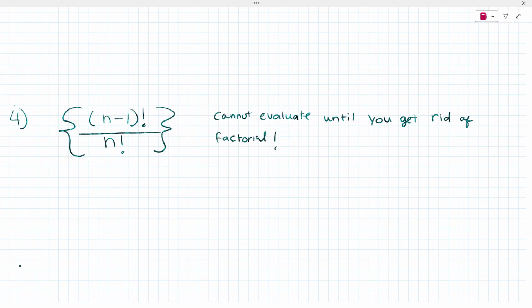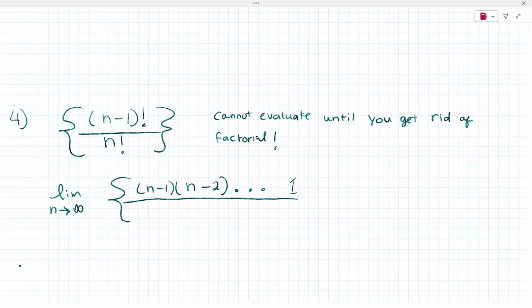Okay, so let's get rid of that factorial. It's going to be the limit as n approaches infinity. On the top, it's n minus 1 factorial, so it's n minus 1 times n minus 2, dot dot dot, 1. And on the bottom, what's n factorial?